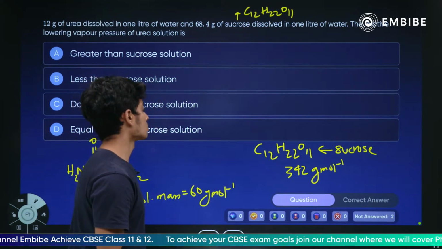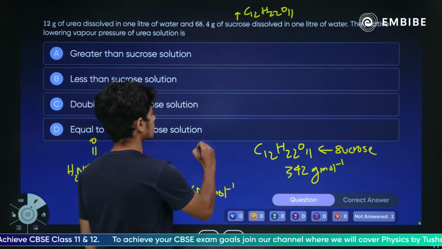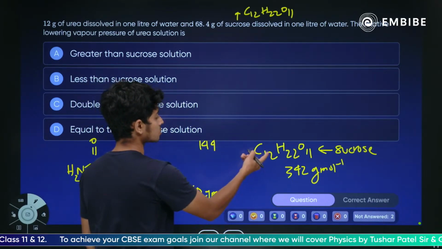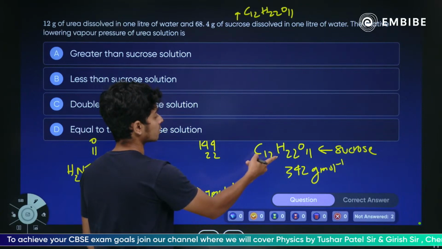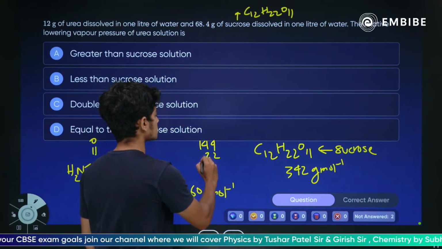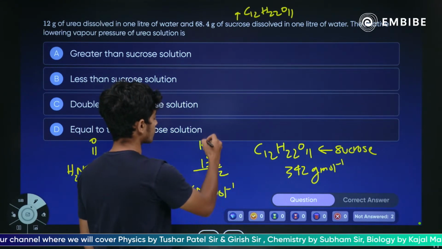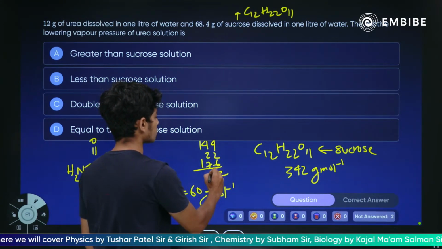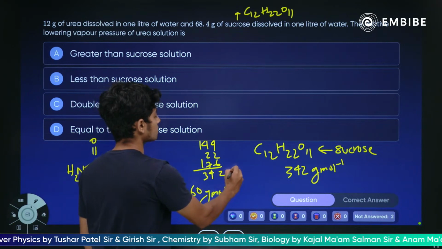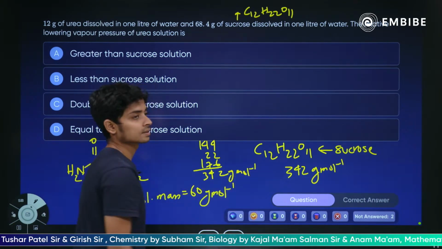We can also calculate it: 12 carbons are 144, plus 22, plus O11, 16 into 11 is 176. If you add it up, you get 342 gram mole inverse. That is the molar mass.